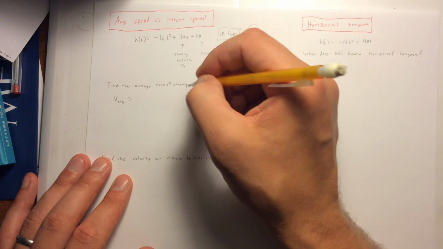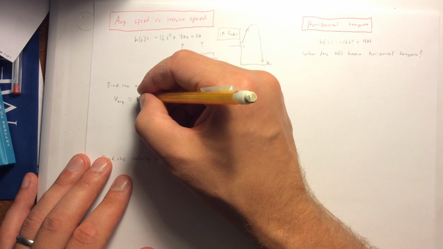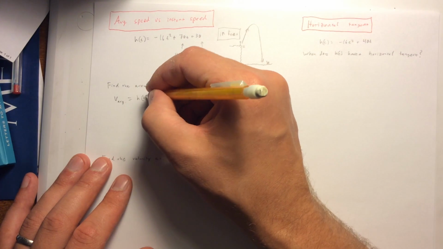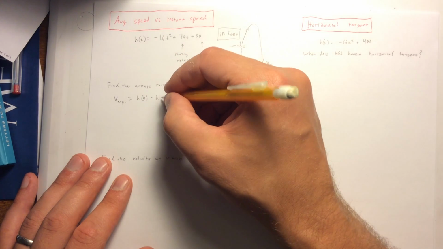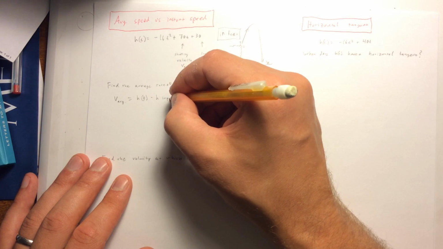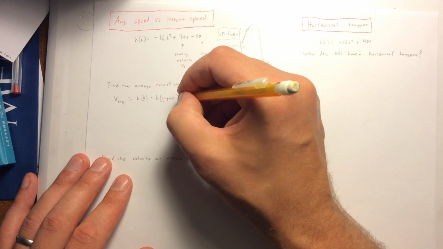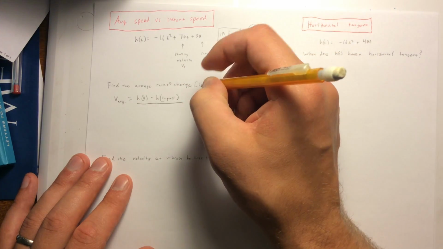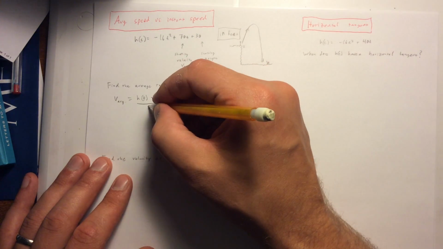Average velocity is just going to be his height at time 0 minus his height at time impact, all over the total change in time.